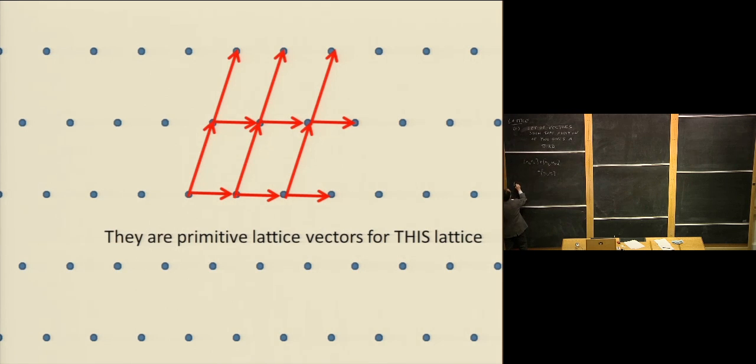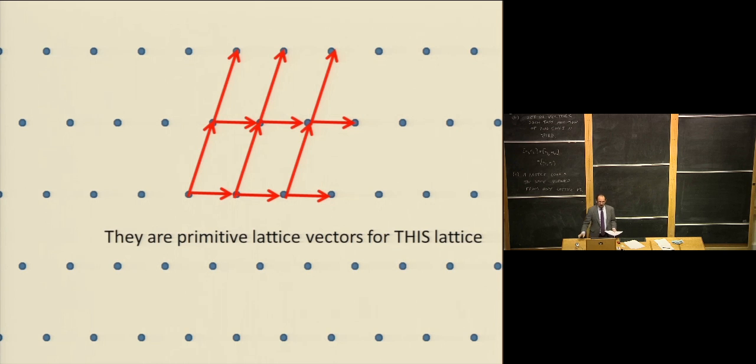A third definition, C, is that a lattice looks the same when viewed from any lattice point. Okay, so for example, if I sit myself here, so this thing is a lattice.